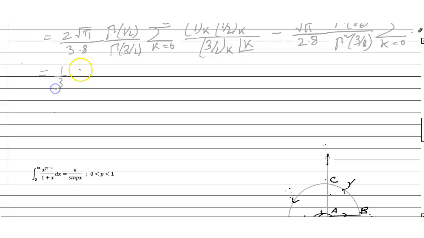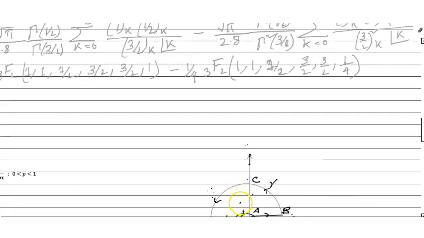1 by 3 3F2 with 1, 1 by 2, 3 by 2, minus 1, and minus 1 by 4 3F2 into 1 comma 1, 3 by 2 and 1 by 4.